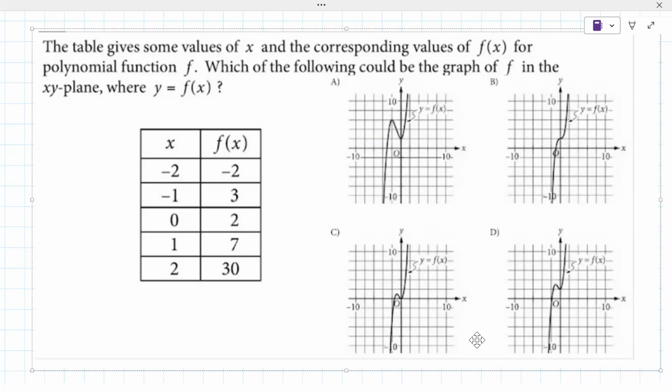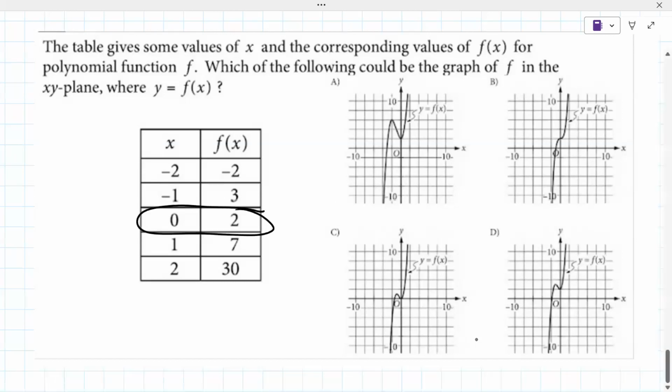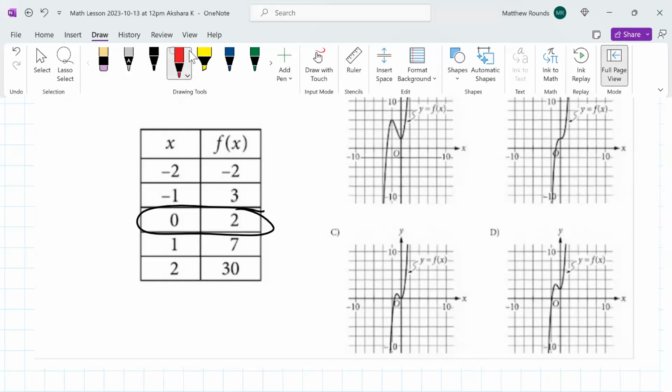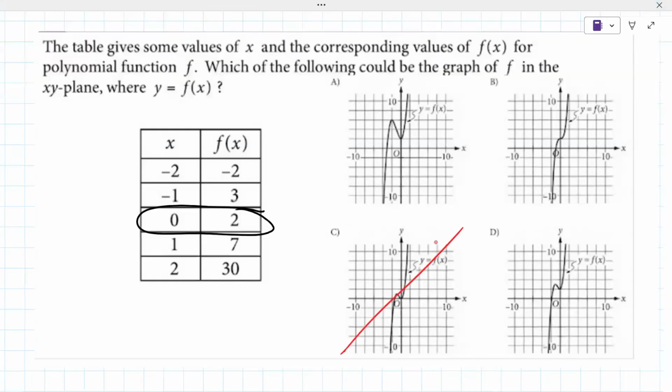Is it D? So the way to do this one is usually to go through here, right? 0, 2. That eliminates only one of the graphs. And then the next thing is to look at nearby points.